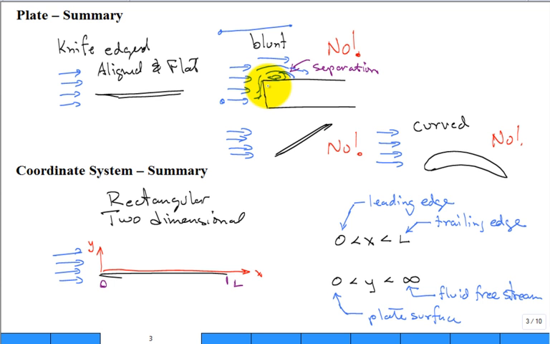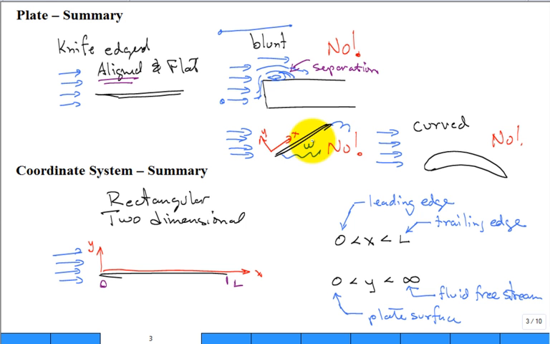So some books will emphasize, hey, this is a knife-edged or very thin flat plate, but sometimes not. The next one is it needs to be aligned with the flow. Don't put the flow here and then introduce a coordinate system that's not X and Y, and it's not aligned. Yes, you can have a hot plate and fluid flow around, but you're going to get a big, what are they going to call this on the back side?